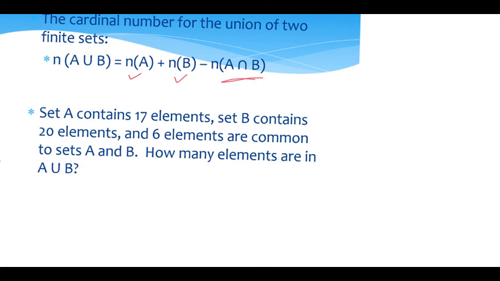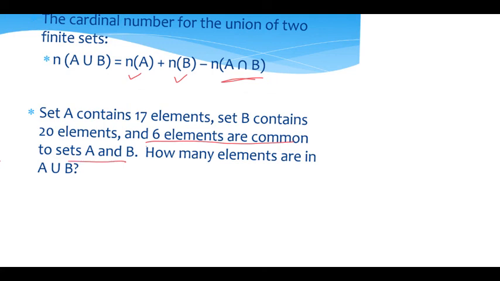So what the two sets have in common, because if you just add them together, the cardinal number for each, you're adding in the repeated items twice. So here we have set A contains 17 elements and B contains 20 elements with 6 in common. So this will be our intersection right here. How many elements are in A union B?